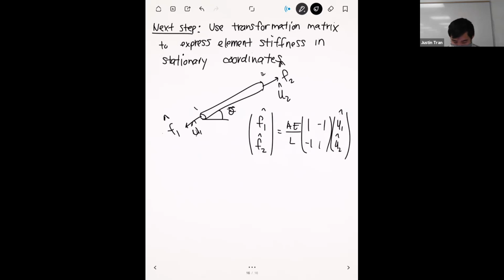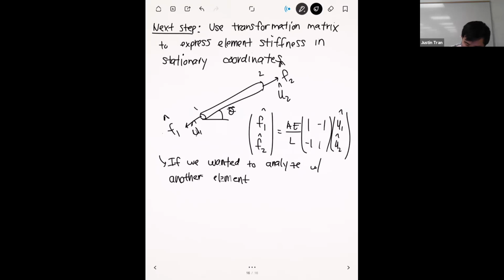All right. And so if we're only looking at this truss element here, this would be fine. But if we wanted to relate this to a different element, let's say that we have another element that's attached to it like this, and let's say that this is rotated by another angle, angle 2.